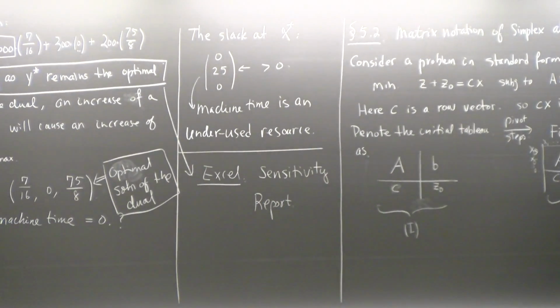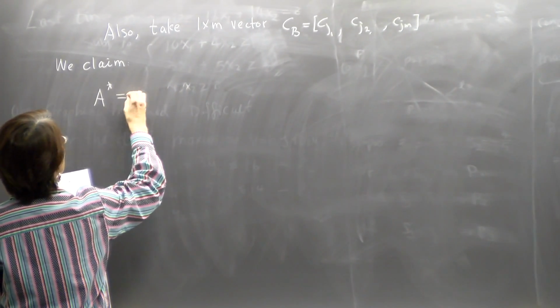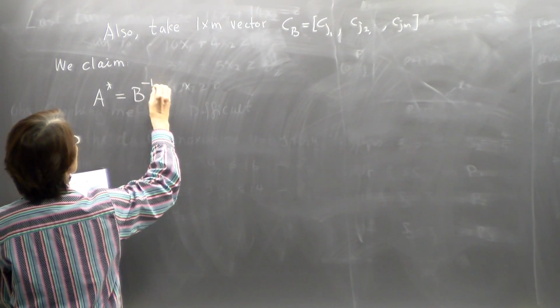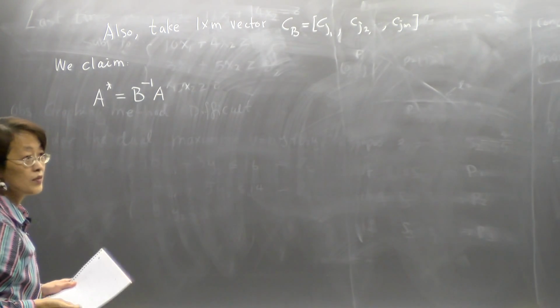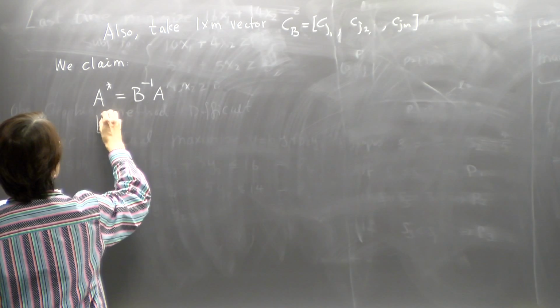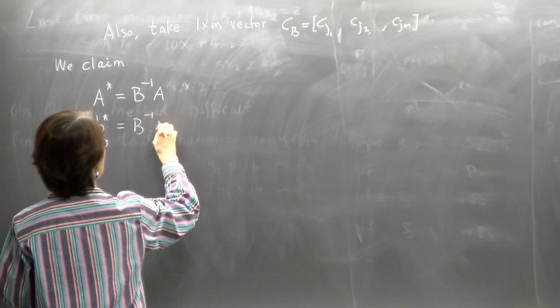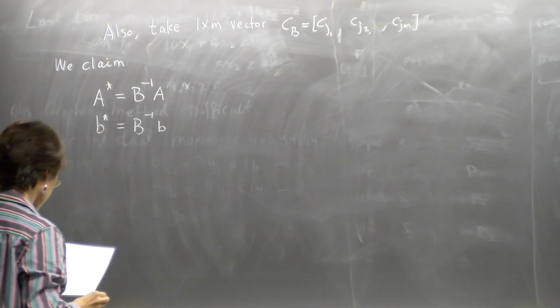We claim a few things. A star simply equals B inverse times A, and B star equals B inverse times B.